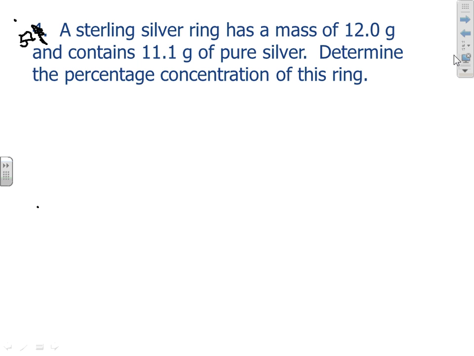Again, notice it says determine the percent concentration of the ring. This time it's mass of pure silver in the overall sterling silver ring. What percentage silver is in the sterling silver alloy?